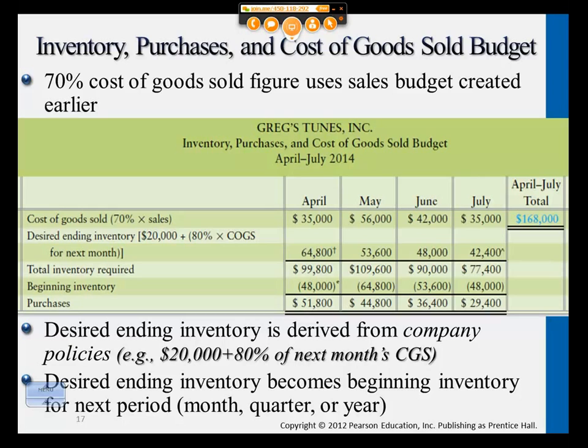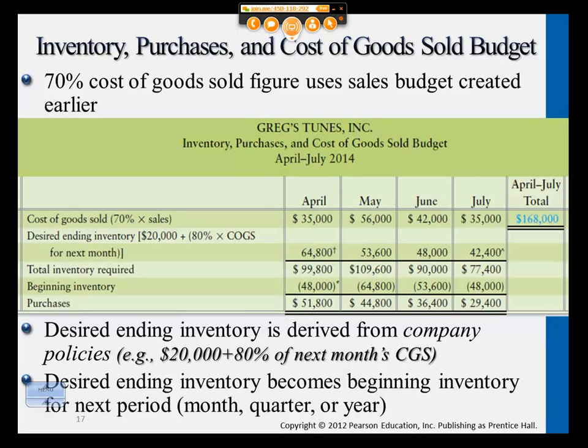And we say that our cost of goods sold is going to be 70% of the sales. Okay, so I can estimate it for each of the months. My desired ending inventory is something. So here it's $20,000 plus 80% of the cost of goods sold for the next month. Okay, great. How did I get that? That desired inventory is something that you derive from the company policy.